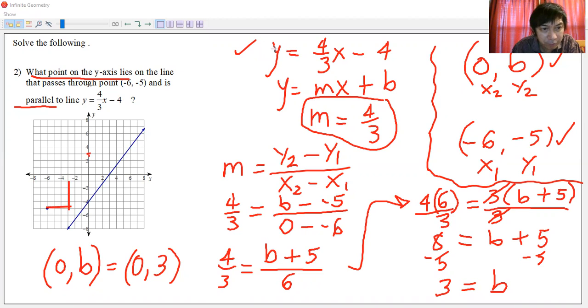Okay, 4 and 3, and you can actually start putting the line over there. Okay, like this, and that's it. It passes through (0, 3). Okay, this is the graphical solution, and you can see that that point over there is (0, 3).